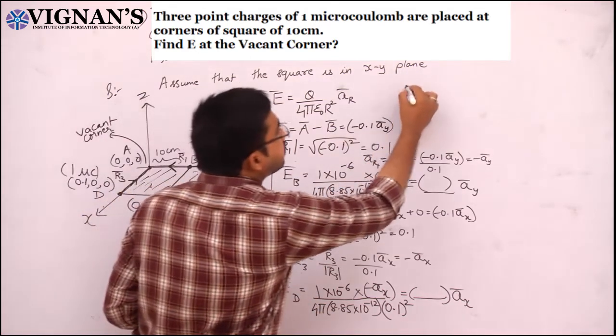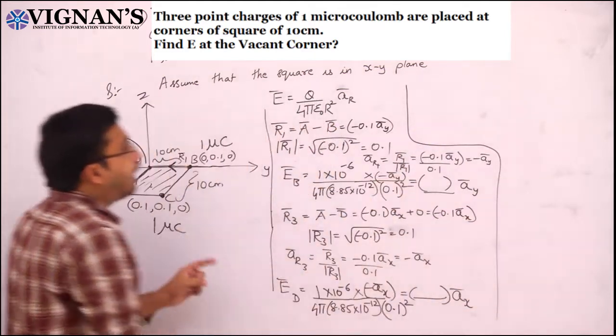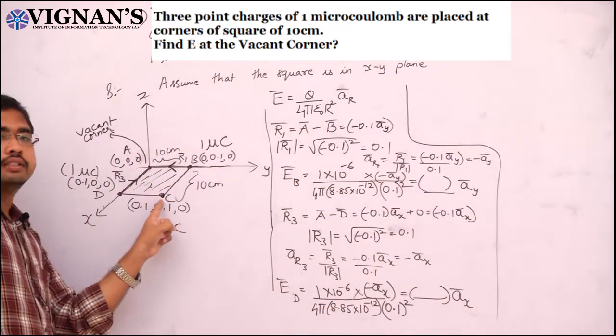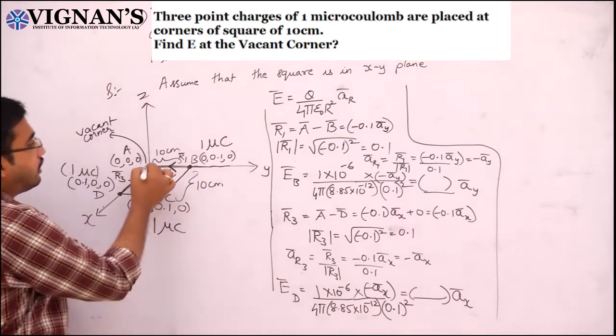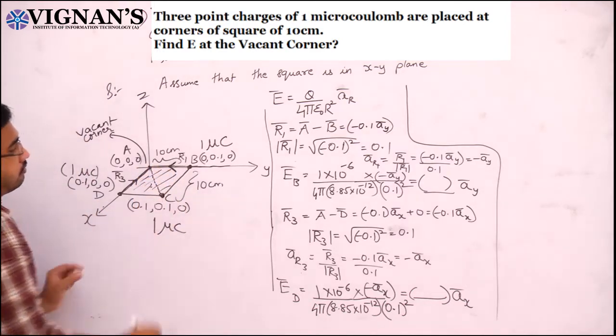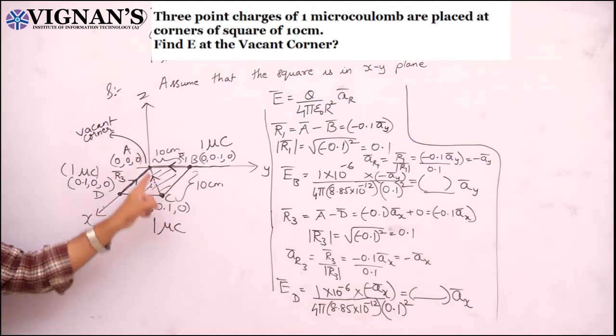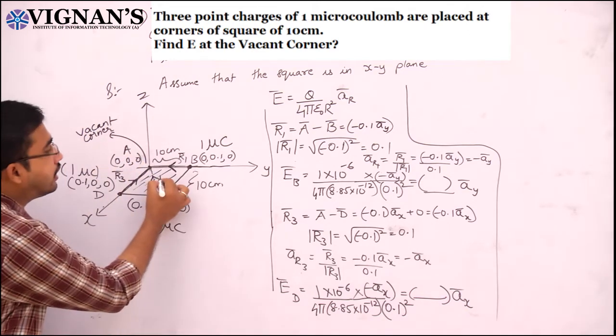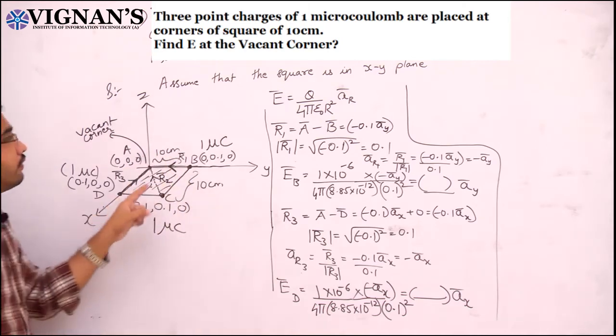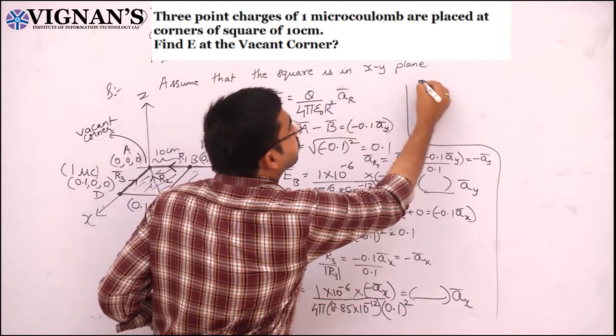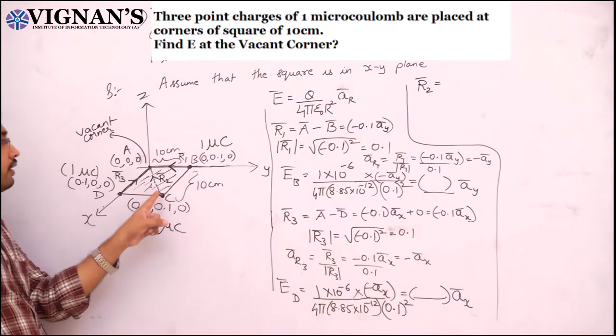So the last step is to find the electric field intensity at A due to the charge at C. So for that, let us mark the distance from C to A, and your direction will be like this from C towards A, and the distance vector R2 bar. So for that R2 bar, how you can find R2 bar?